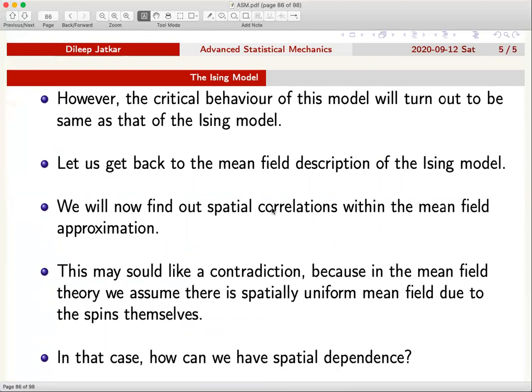Okay, and therefore you would expect the mean field to be essentially constant over the entire system. Okay, so if you want to study spatial correlation, then it seems like an odd thing to try within the mean field approximation. Okay, but nevertheless, there are certain things that you need to compute which would require spatial correlations.